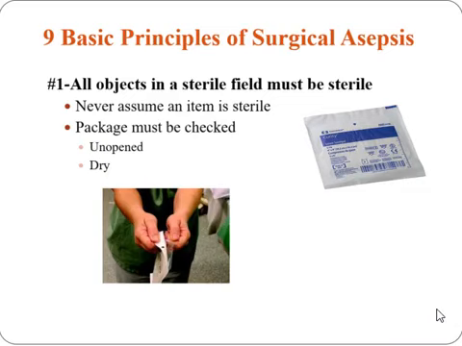Okay, so let's talk about the basic principles of surgical asepsis. So these are kind of the rules when it comes to making sure that we are staying sterile. Most of us instructors are very strict when it comes to sterile technique because we want you to really develop good habits, and that starts in the lab and that starts in clinical because you're going to carry these habits and skills over into your professional practice as a nurse.